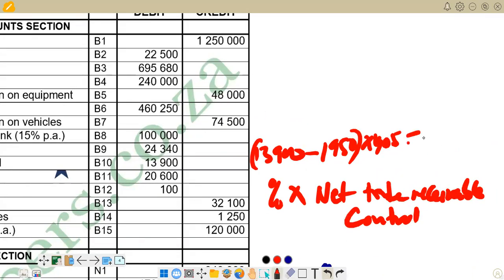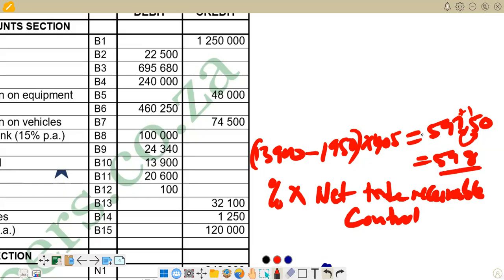When you calculate it correctly, you are supposed to get 597.50, and they are saying round off to the nearest rand. When you check the figure behind the rand, it is 5. So when it's in the range of 5 to 9, it's going to change this figure by +1. So if you add 1 here, it will become 598. So this is the figure that we have for this period.